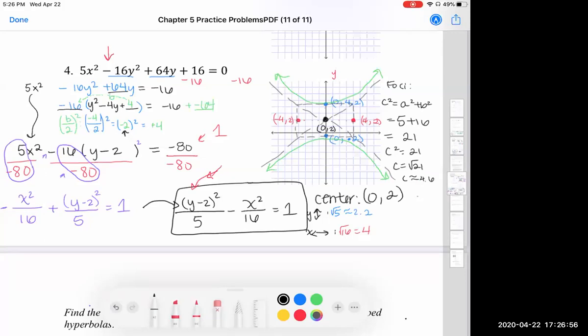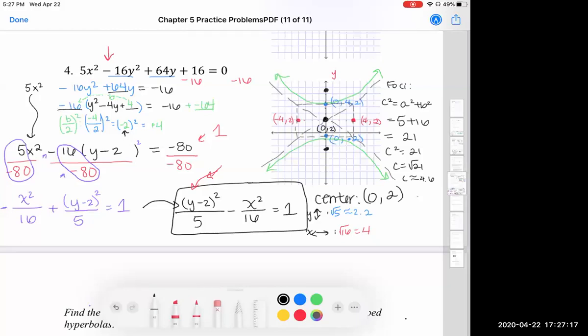So along our hyperbola, we're going to move up and down 4.6 from the center. So I have 1, 2, 3, 4, and a bit more. All right, so that gives our foci.